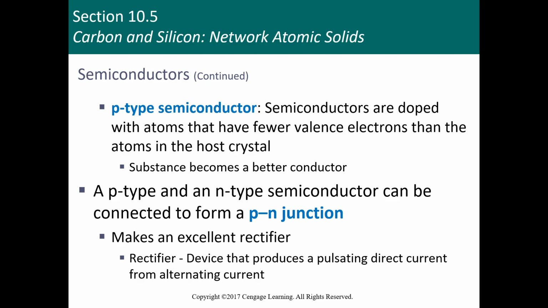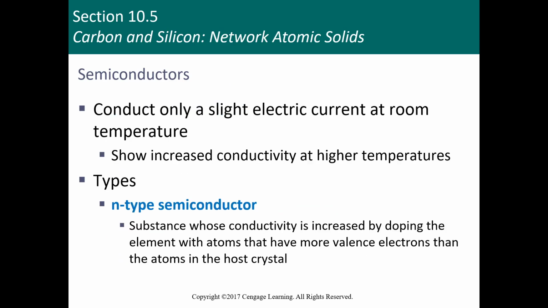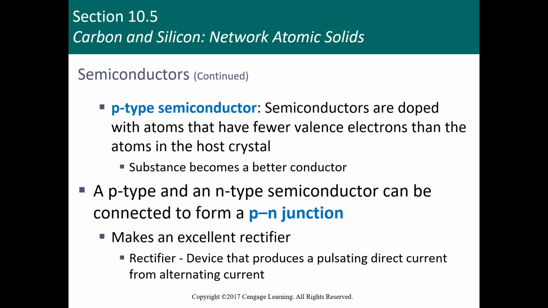A p-type and an n-type semiconductor will typically be connected in a variety of ways. The most basic one is to form a p-n junction. Really, n-type and p-type semiconductors are not particularly useful by themselves.